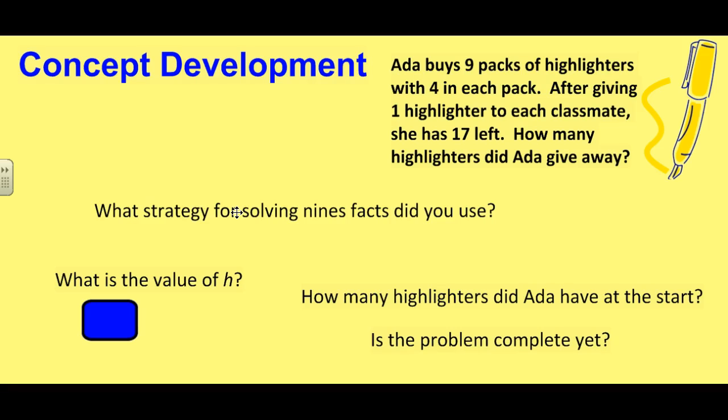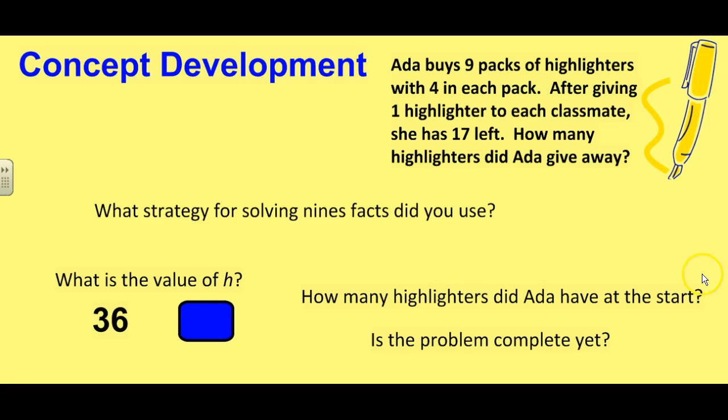Instead of saying 9 times 4, you said 10 times 4, and then you took a 4 away from that? Any of those strategies would have worked well in this equation. So the value of H is 36 because we know that 9 times 4 is 36.